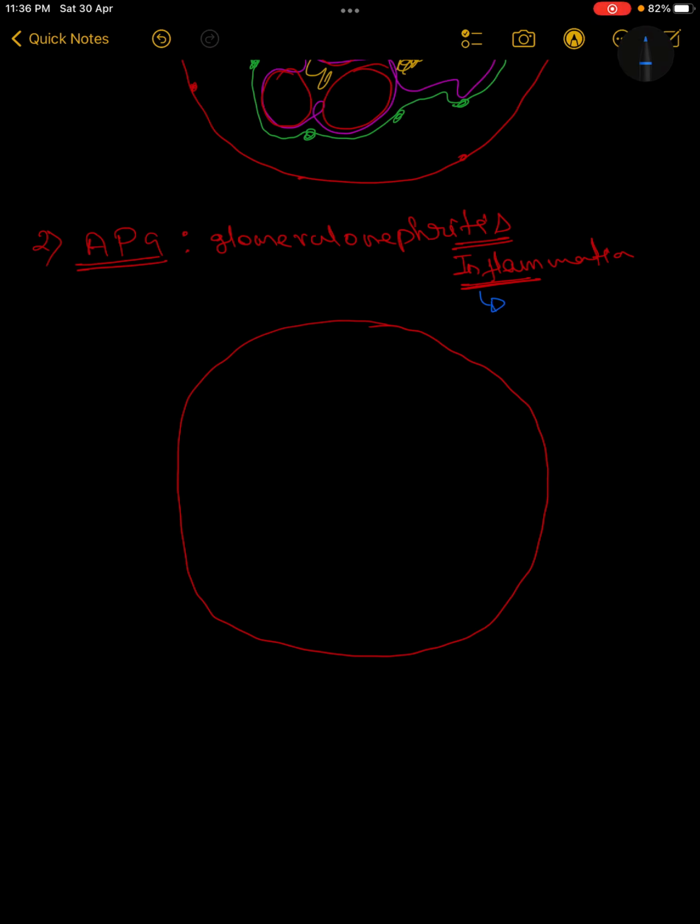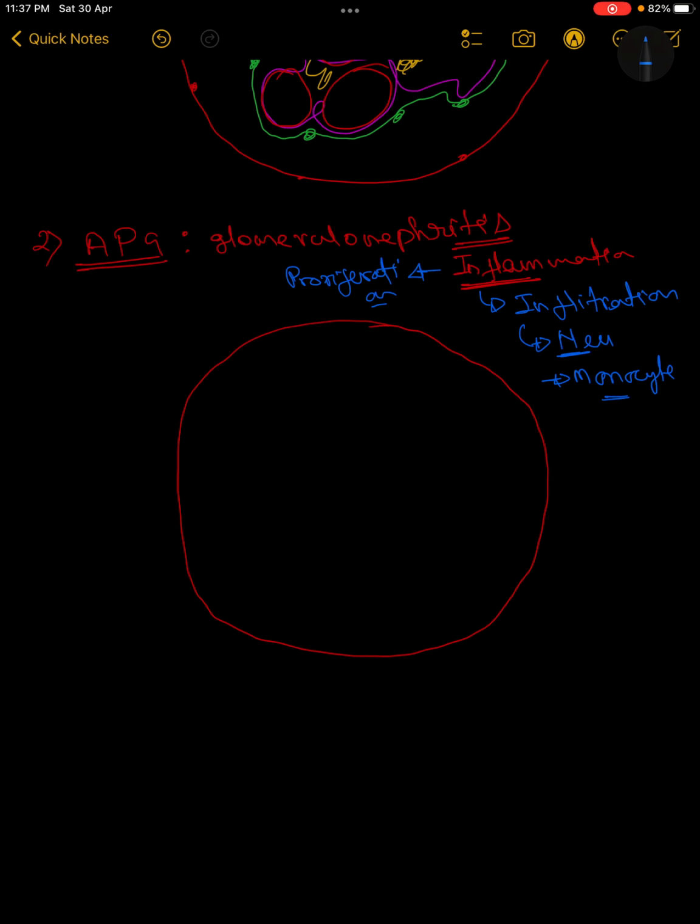One is inflammatory infiltration and the other is proliferation. Infiltration of what? We will see infiltration of two cells: N for neutrophil and M for monocyte. This is the event.